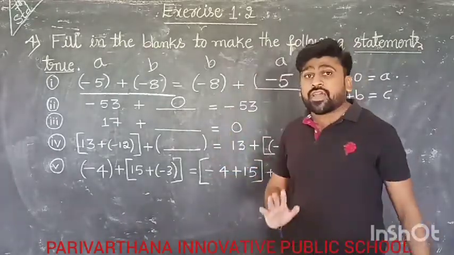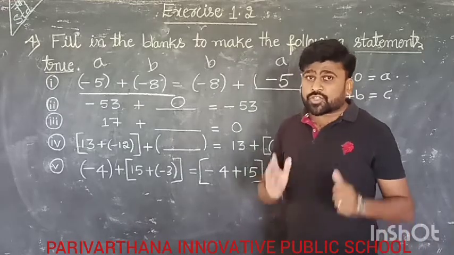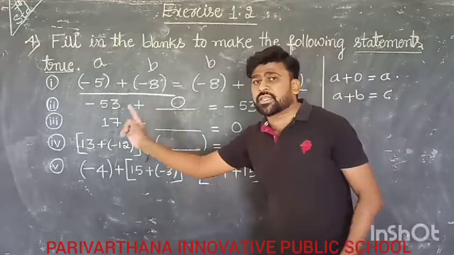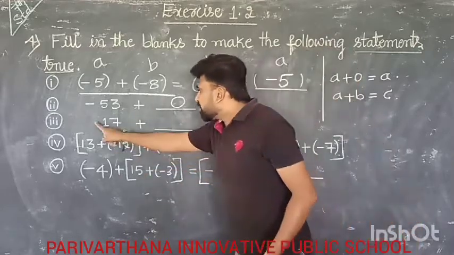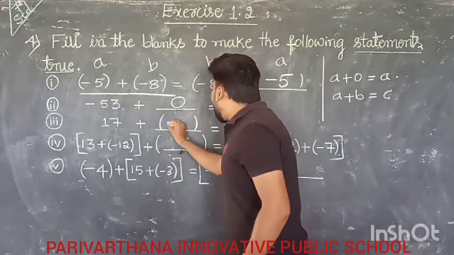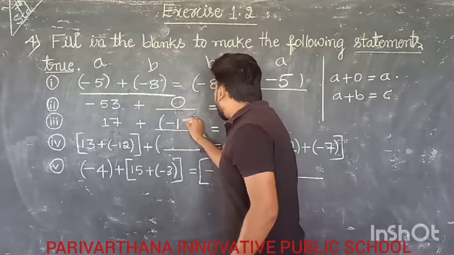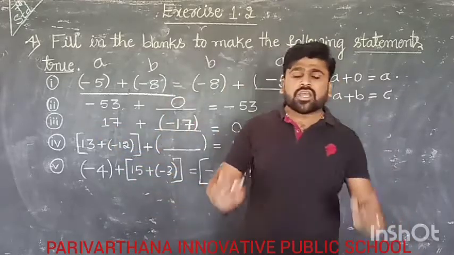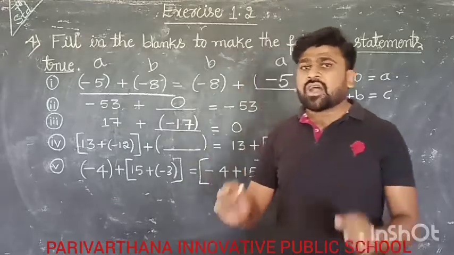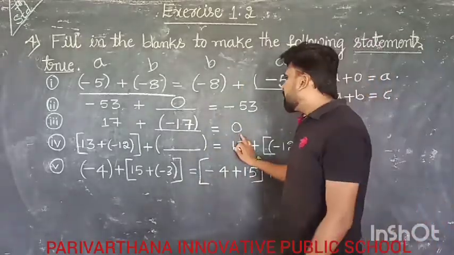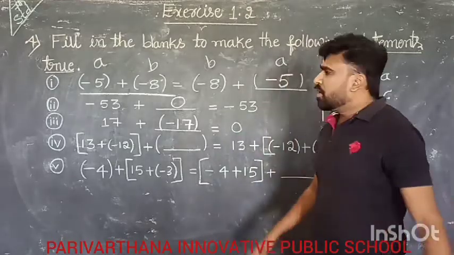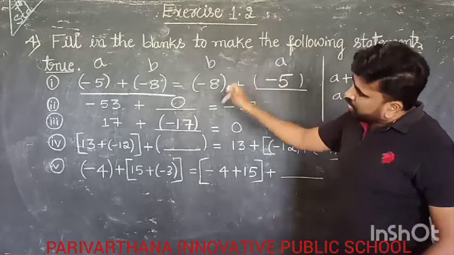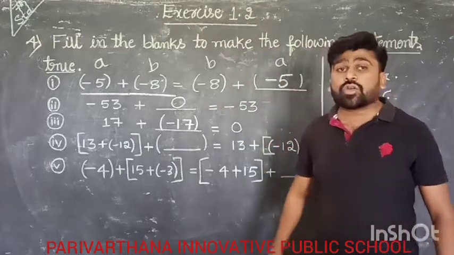When the answer is 0, the first one is plus 1 and another one is minus 1, plus 1, minus 1, answer is 0. Same as it is plus 17, and now this is minus 17, then the answer is equal to 0. Plus 17, another one minus 17, answer is equal to 0. Clear? The first one is commutative property, the second one is additive identity, and the third one is closure property.